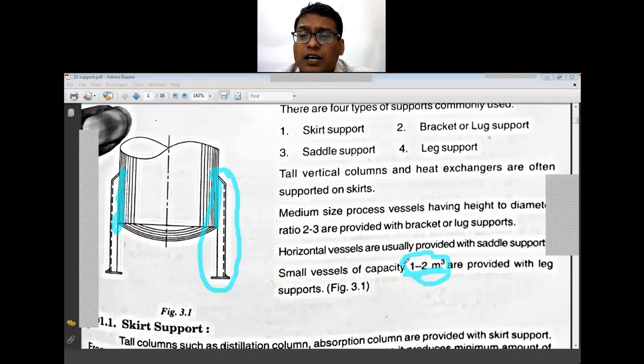Small vessels, our overhead tanks, are generally of 1000 liter, that is nothing but 1 meter cube volume. So 1 to 2 meter cube volume overhead tanks, the plastic tanks which we generally use, are either of 1000 liter capacity or 2000 liter capacity, which you can call 1 meter cube or 2 meter cube tanks.